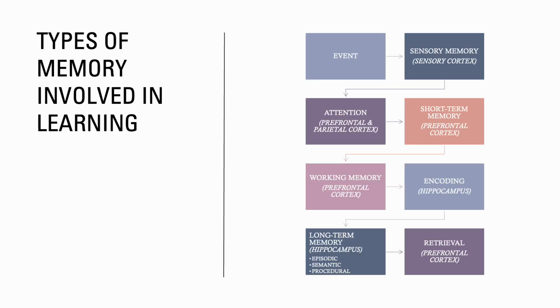Okay, now I want to quickly talk about the different types of memory associated with learning. And forgive me if I feel like I'm rushing through this, but I want to get through this as quickly as I can. So when something happens, and maybe we see something, hear something, or we touch something, it enters our brain through our senses and it lands in what's called sensory memory.